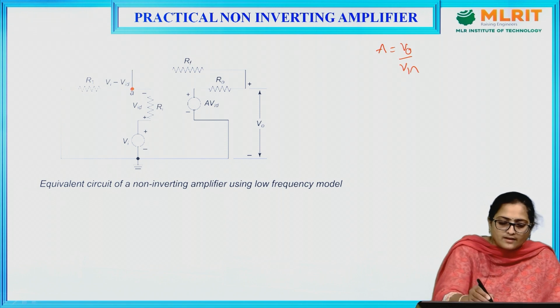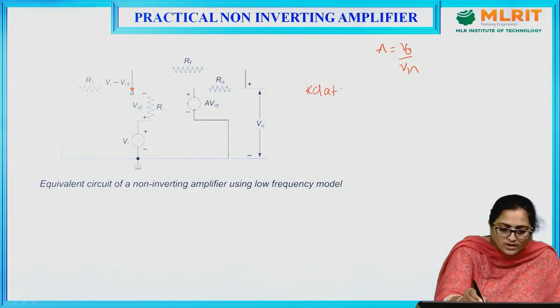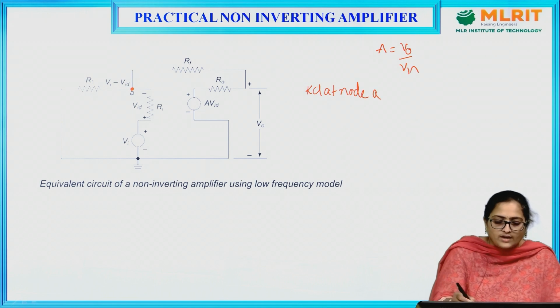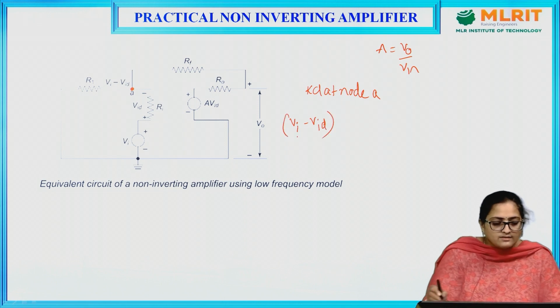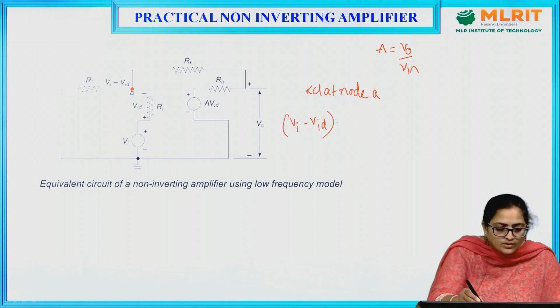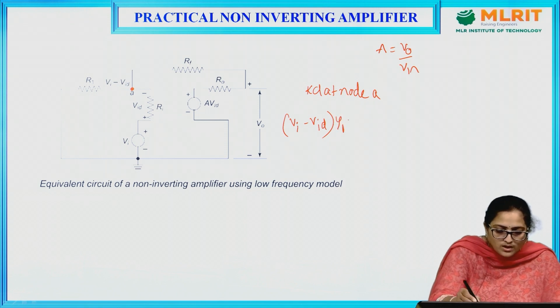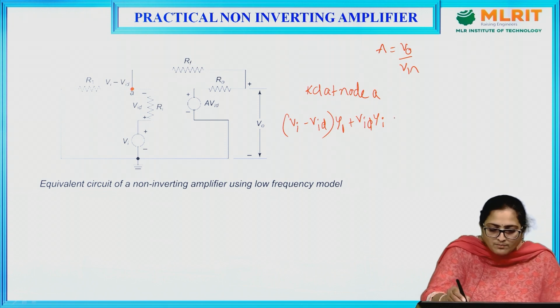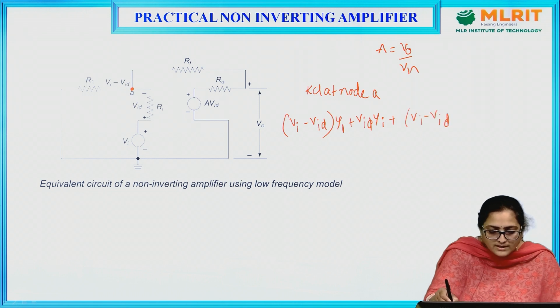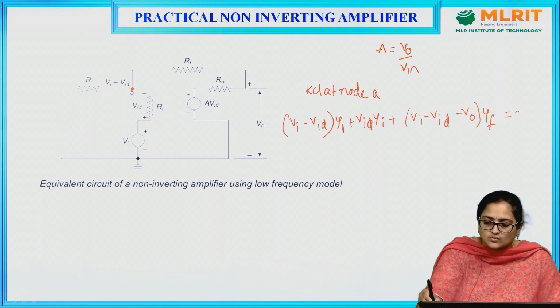If you apply the KCL at node A, you can write this expression, writing it in terms of admittance: VI minus VID into the admittance of R1, which is Y1, plus VID into the admittance of RI, which is YI, plus for this arm you can write VI minus VID minus V0 into YF is equal to 0.